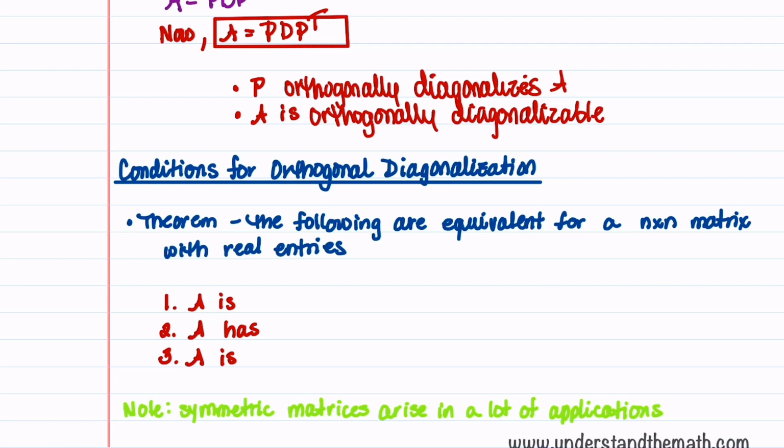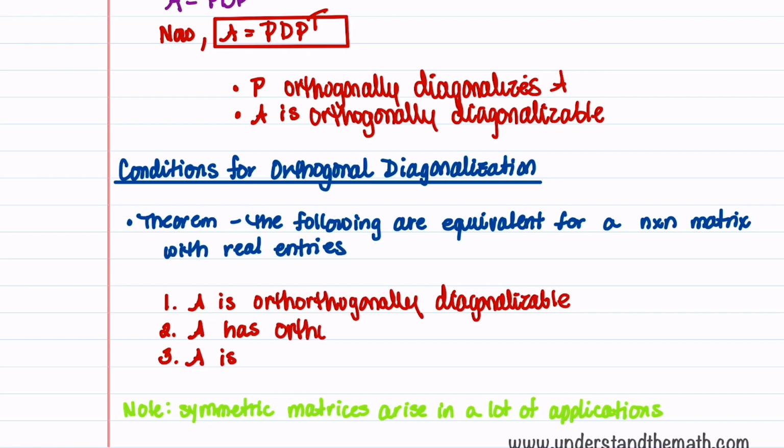If A is orthogonally diagonalizable, then A has an orthogonal set of n eigenvectors, and then likewise A is symmetric.